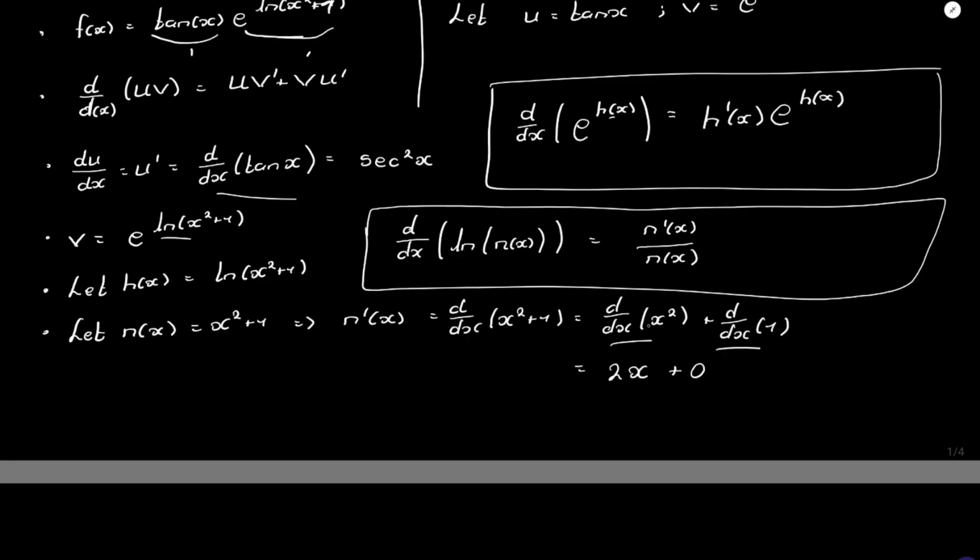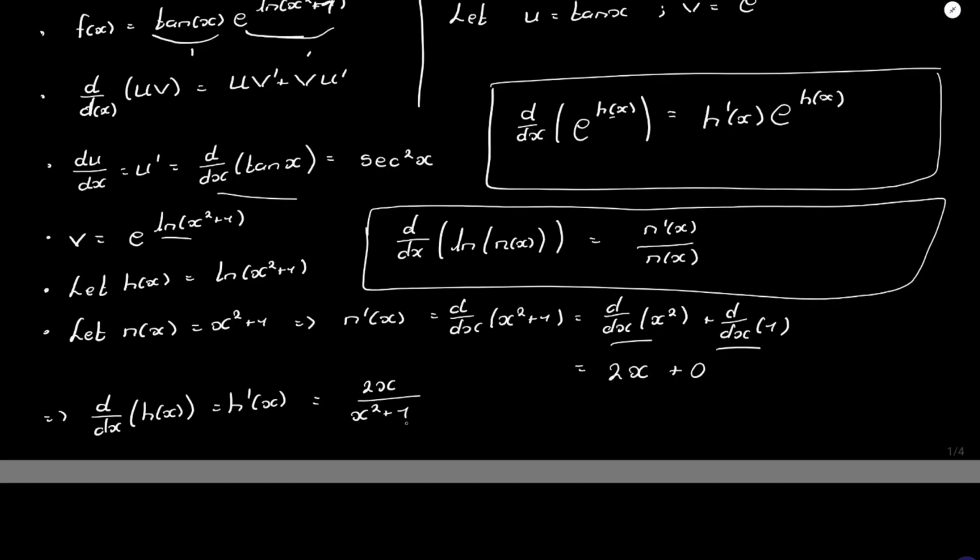Power rule: the derivative of x to the power 2 is 2x to the power 2 minus 1. Constant rule states that the derivative of any constant gives us 0. So this then implies that the derivative with respect to x of h of x, which is h prime of x, is equal to n prime of x over n of x. What is n prime of x? 2x over n of x, x squared plus 1.